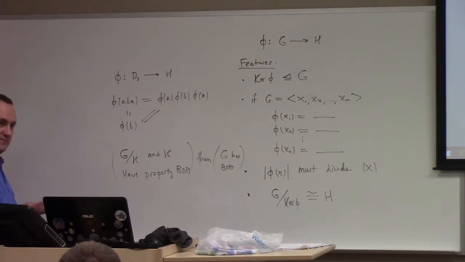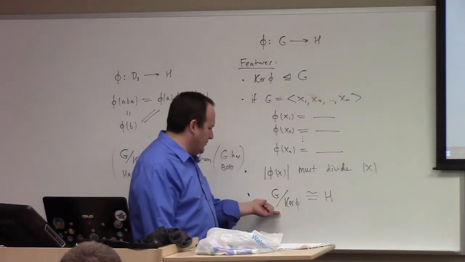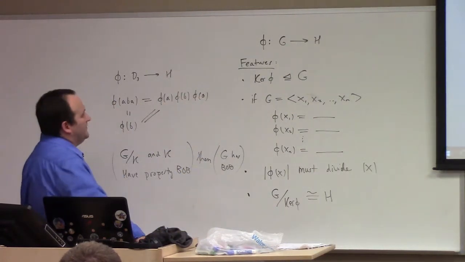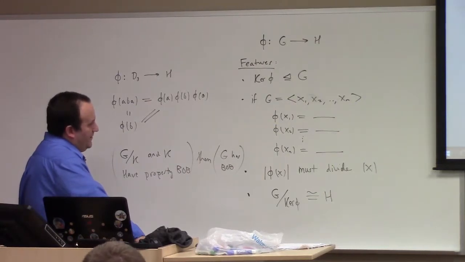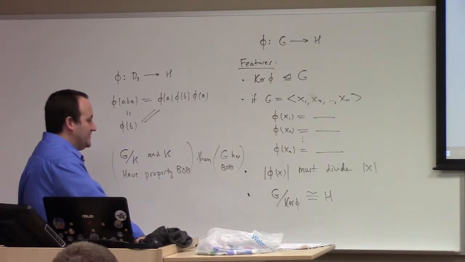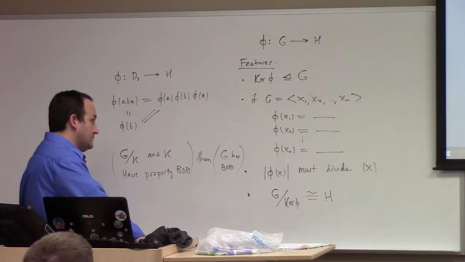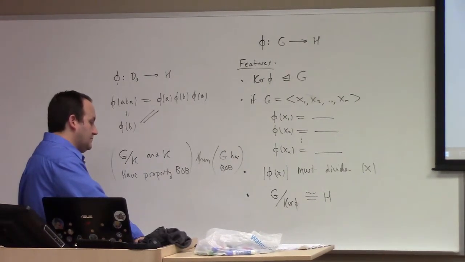That's pretty exacting, and of course it's useful if I'm thinking about homomorphisms from G. That has to have a bearing on what the possible homomorphisms from G to H are.